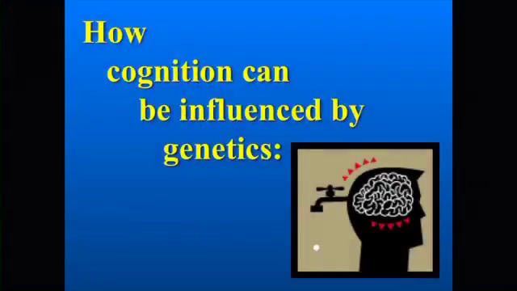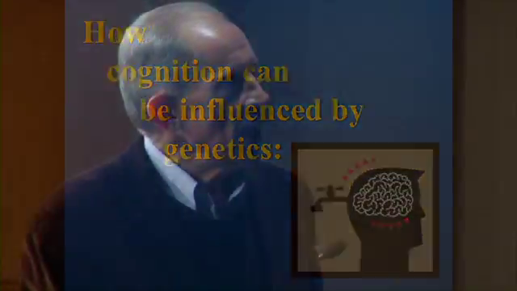So how can cognition be influenced by genetics? You can appreciate that a lot of things can happen in terms of decision making, and genetics would have an impact in it. Genetics, different proteins could alter the way you perceive what's happening in your environment, what's real, what's not real, what's threatening, what's not threatening.